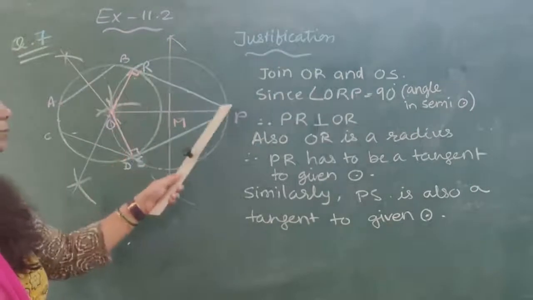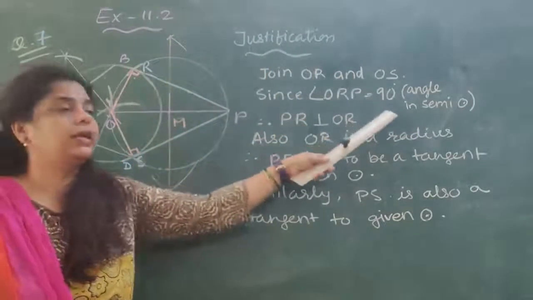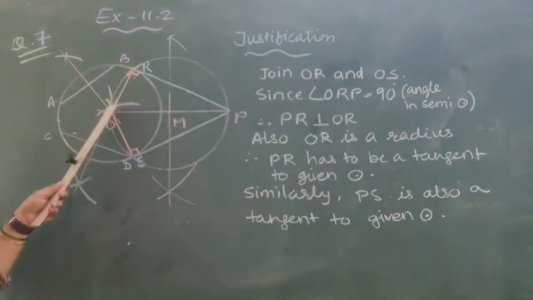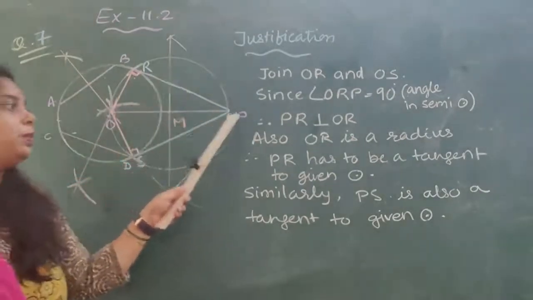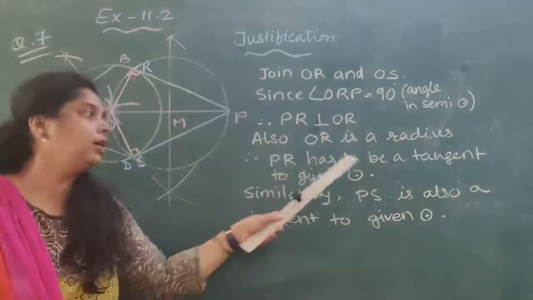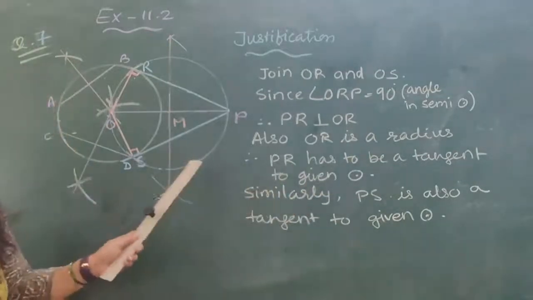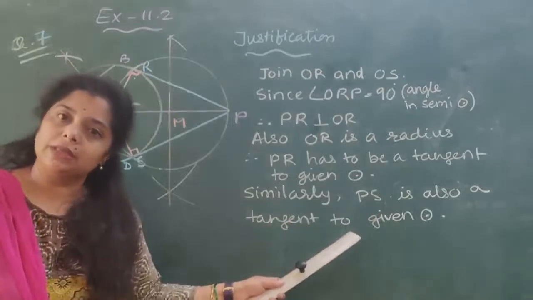Since angle ORP is 90 degrees because the angle subtended in a semicircle, PR is perpendicular to OR and OR is a radius. Therefore PR has to be a tangent to the given circle. Similarly, you can write PS is also a tangent to the given circle.